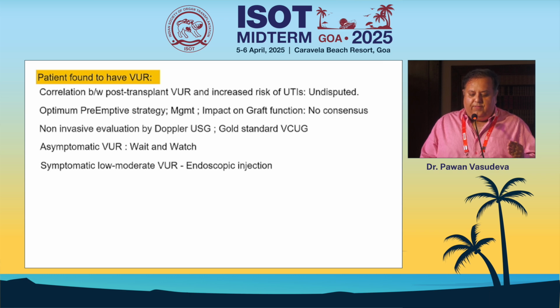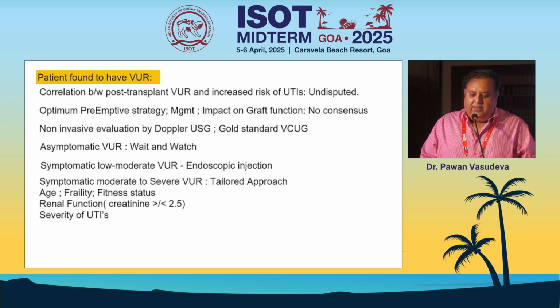Low to moderate reflux with symptoms, you could inject, which is an endoscopic procedure. Somebody having moderate to severe VUR and symptomatic, again, if everything else is all right, you can think of reimplanting. But if age or other factors are not in the right zone, then you could think of giving long-term antibiotics.